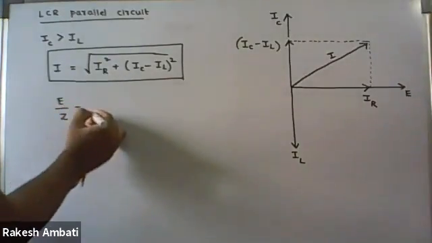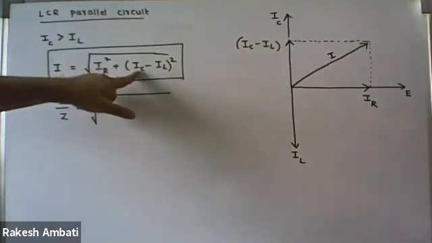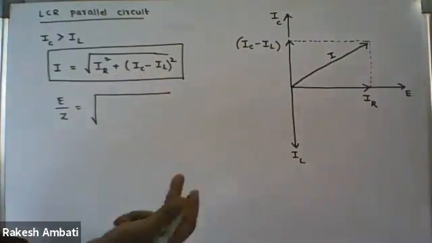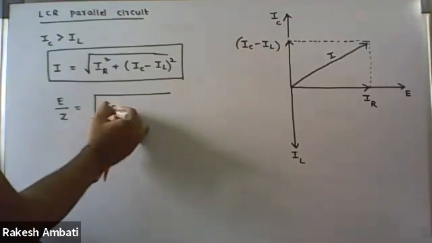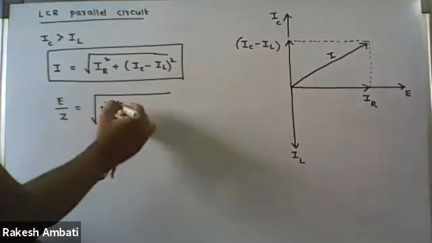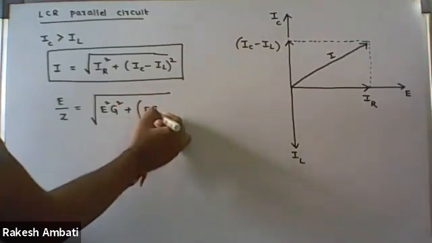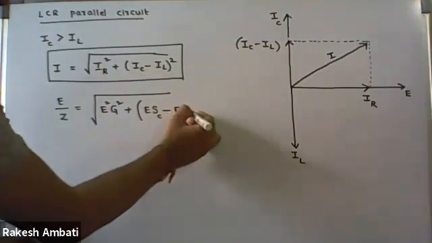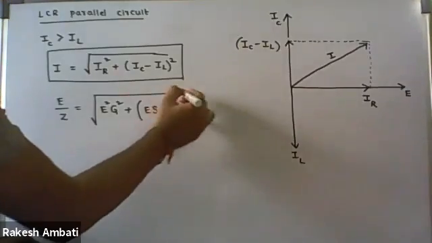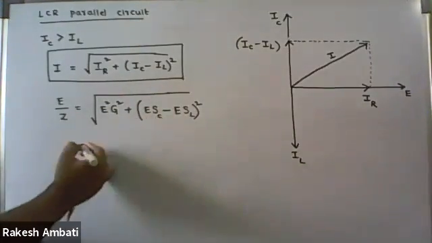Already we have the IR value, IC value, IL value. In the place of IR square, we can write E square G square, plus, in the place of IC, we write E SC, minus, in the place of IL, E SL, to the whole square. E cancels out on both sides.